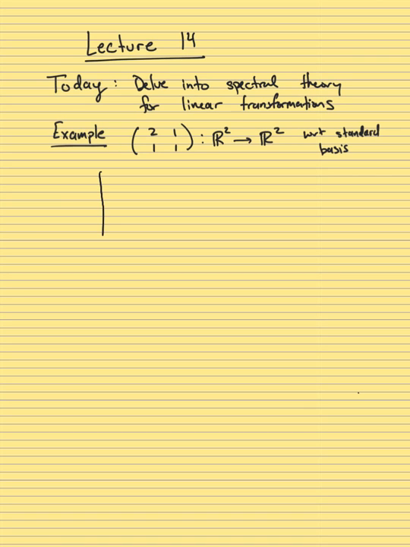This is just the linear transformation which sends this square spanned by the coordinate axes to this parallelogram, which is spanned by (2, 1) and (1, 1). Okay, so this is the point (3, 2).